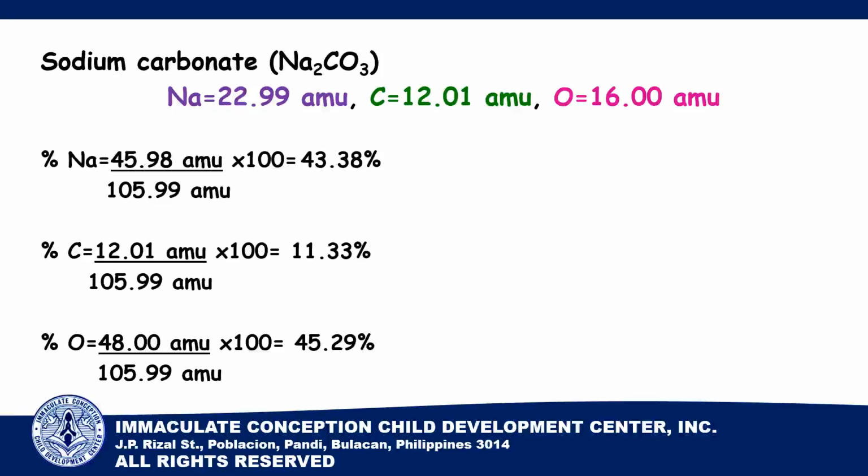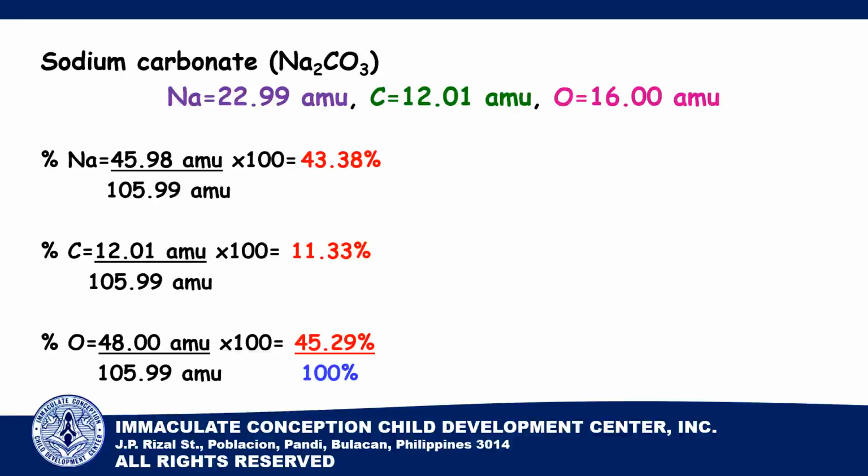For carbon, we have 12.01 AMU over 105.99 AMU multiplied by 100, which gives 11.33%. And for oxygen, that is 48.00 AMU over 105.99 AMU multiplied by 100, which gives 45.29%.